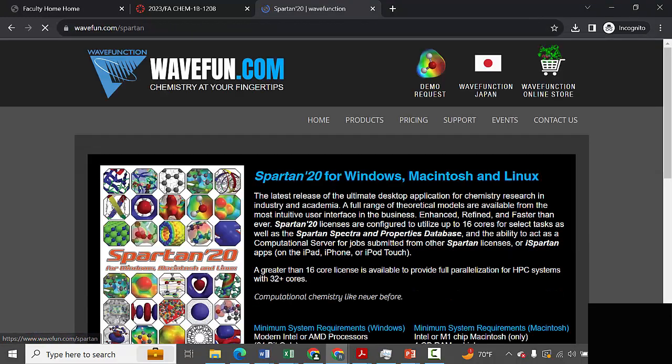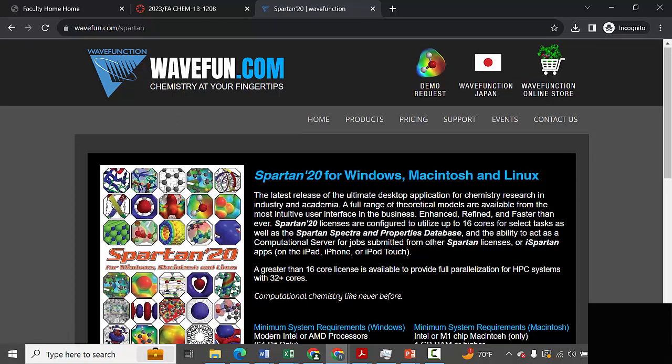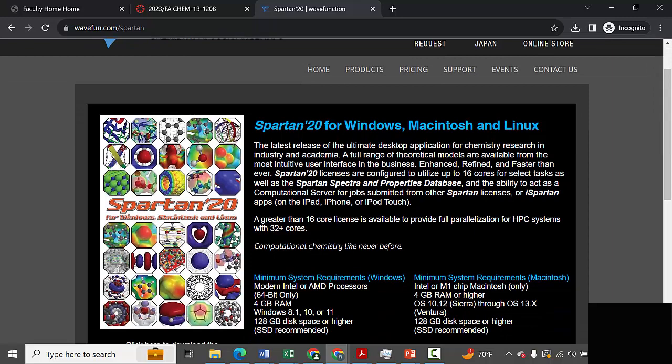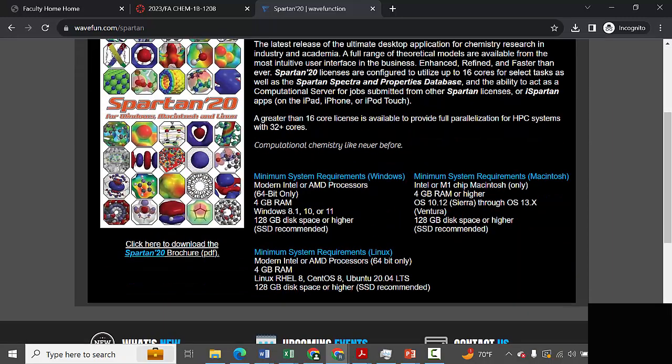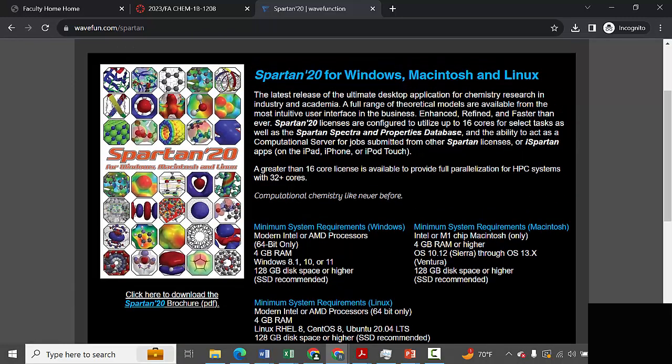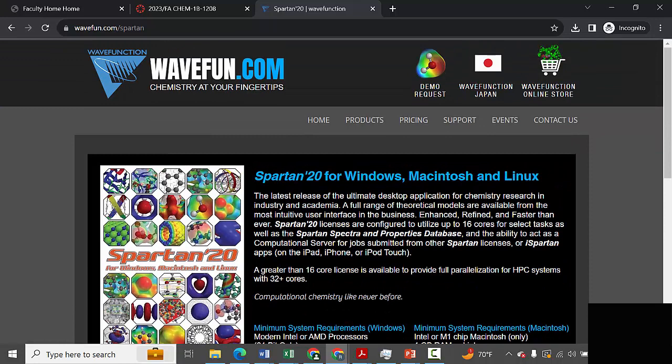You might want to get this Wavefunction Spartan for Windows, Macintosh, Linux. They also have it for the iPad. We have an iPad, and the iPad version is pretty cheap. I have the iPhone version, which isn't as powerful, but it's okay.